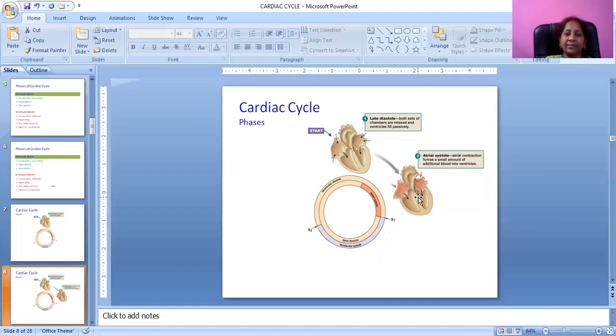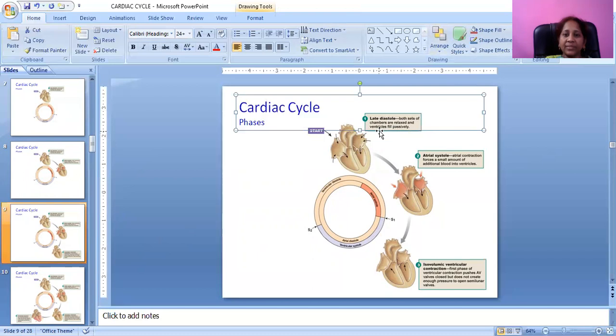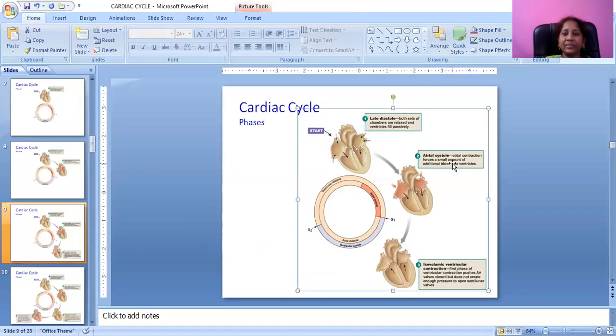In this diagram, we can clearly see these are the ventricles and these two are the atria. By seeing these figures, we can depict what happens in the cardiac cycle. Again from the beginning: both sets of chambers are relaxed, the ventricles fill passively, and second, atrial contraction forces a small amount of additional blood into the ventricles.